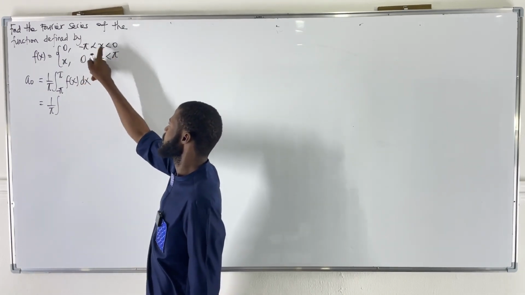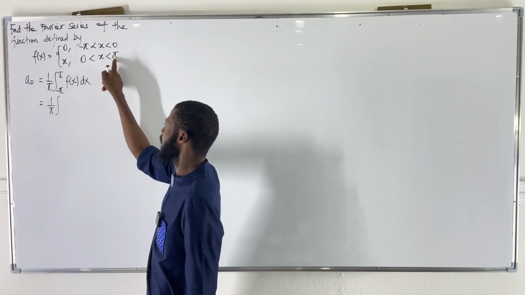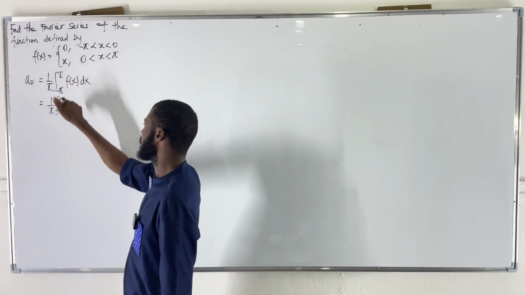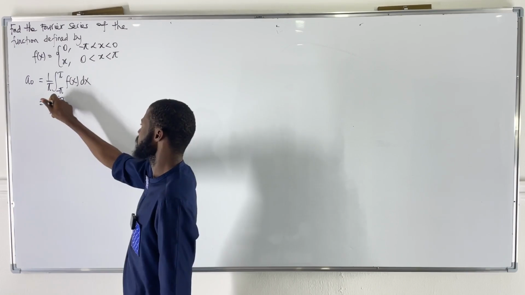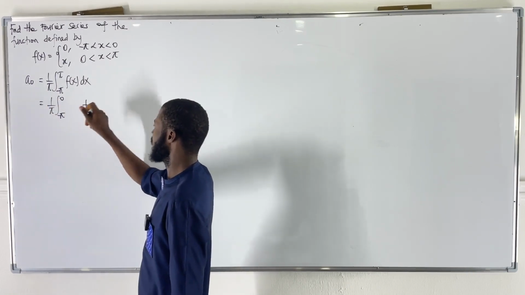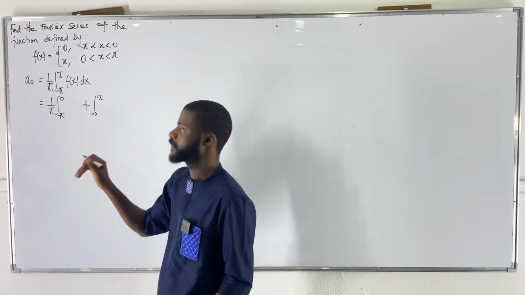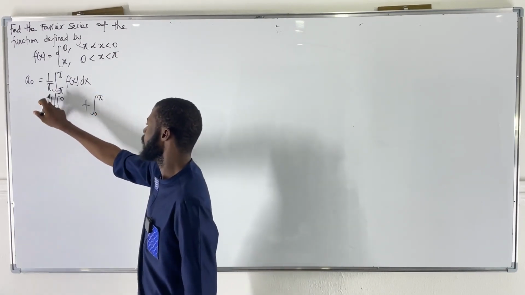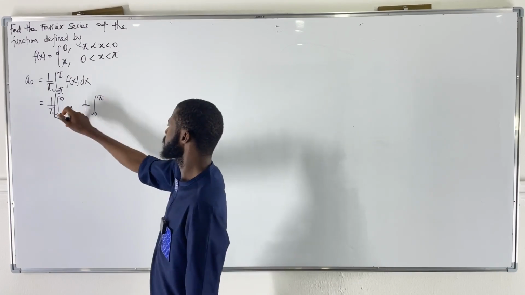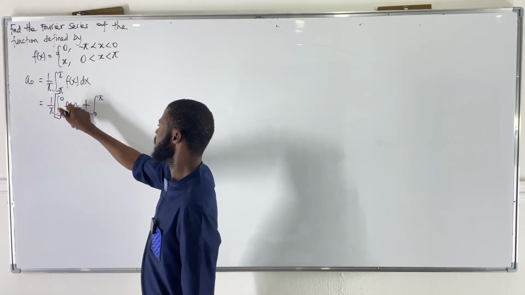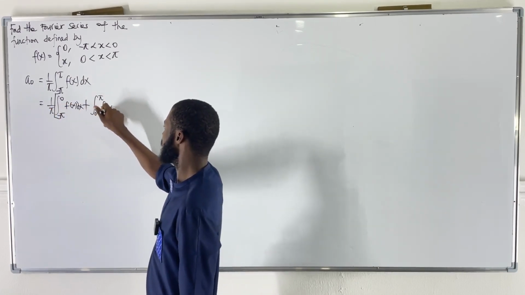So we have minus pi to 0 and 0 to pi. So our interval will then become minus pi to 0 plus another integral, 0 to pi. That's how it's supposed to be. Then put a bracket because the 1 over pi should multiply everything. Then we have f of x dx and f of x dx.